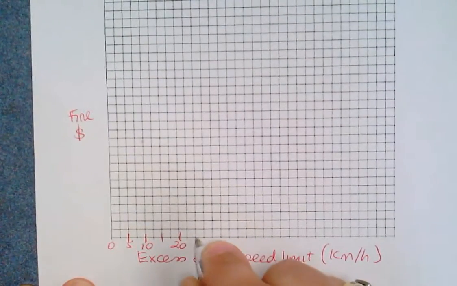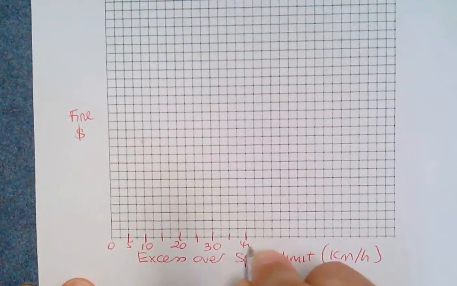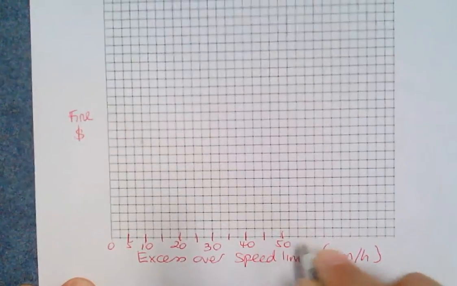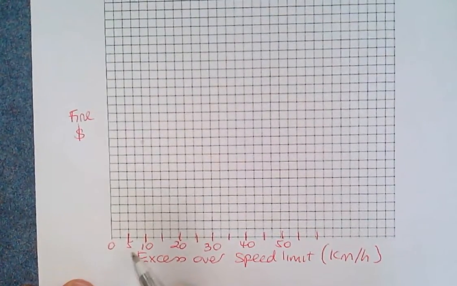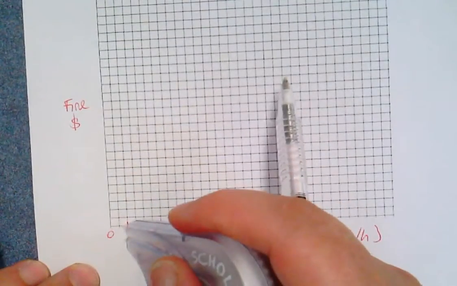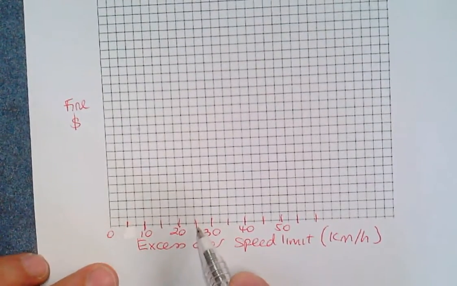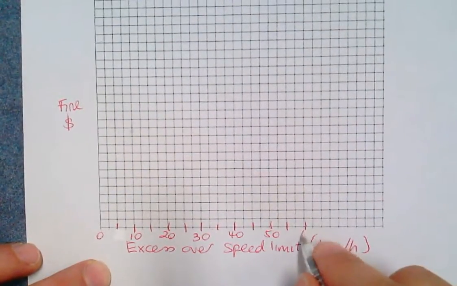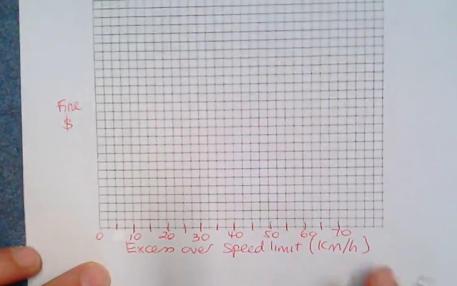I'm going to go 20, 30, 40, 50, etc. Each one goes up by 5, but I'm only putting the 5 on the first one. Actually, I won't even bother. So I've got 2 dashes to 10, 2 dashes to 20, 2 for 30, 2 dashes to 40, 2 to 50, 2 to 60, etc. It's just to space it out nicely.